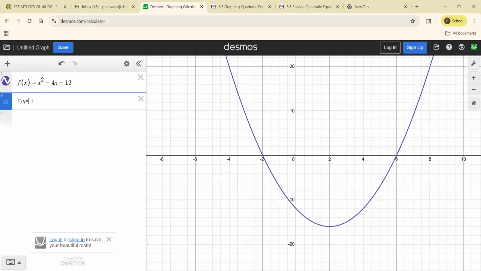First is the y-intercept when x equals 0. How do you figure that out? You just put 0 into your function. There it is, negative 12.